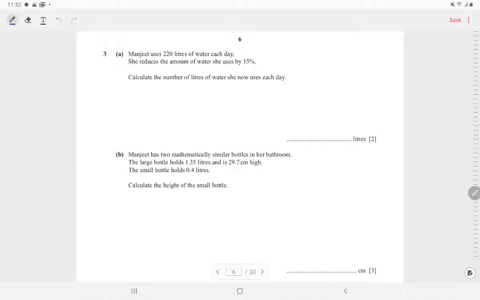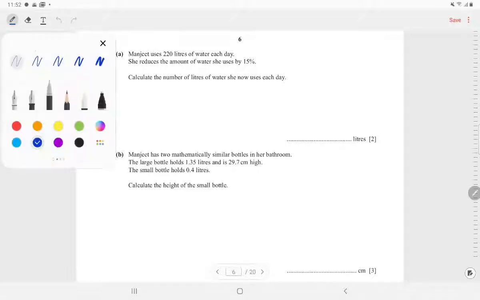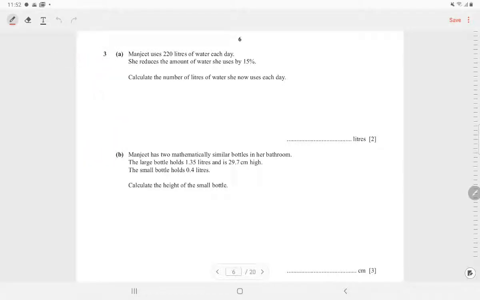Okay, so since she reduced by 15%, now it's 85 over 100 times 220. So this one times 220, so it's 187.